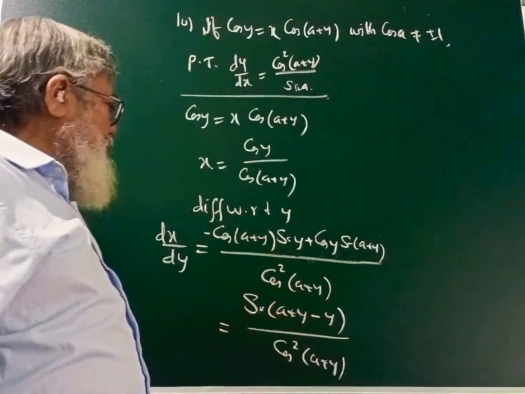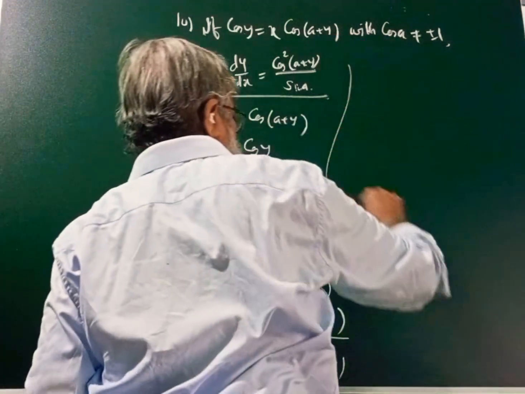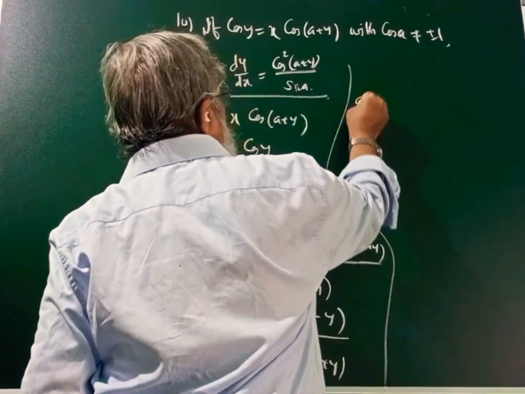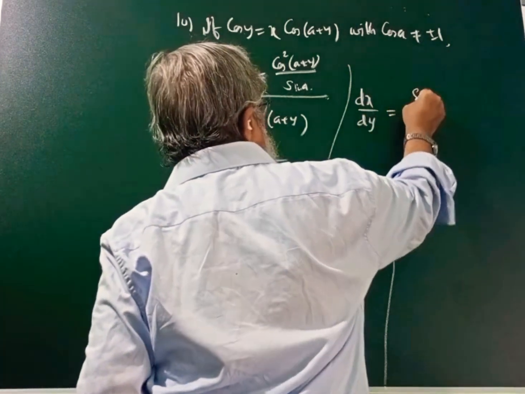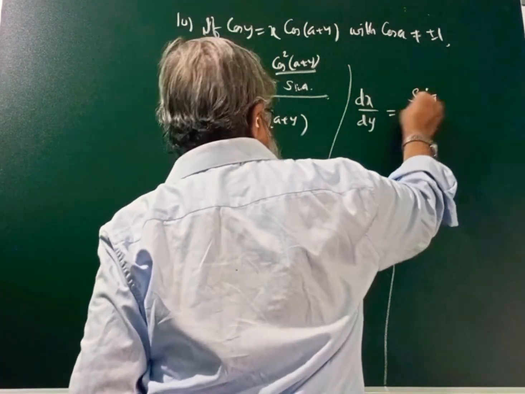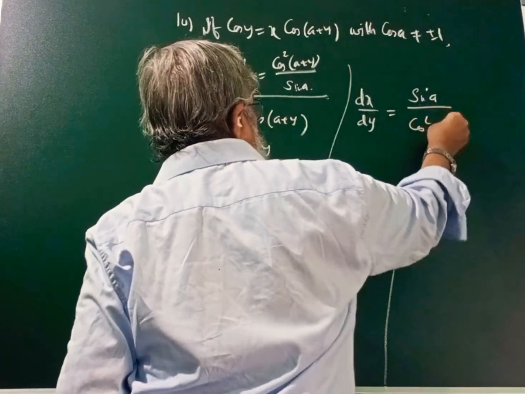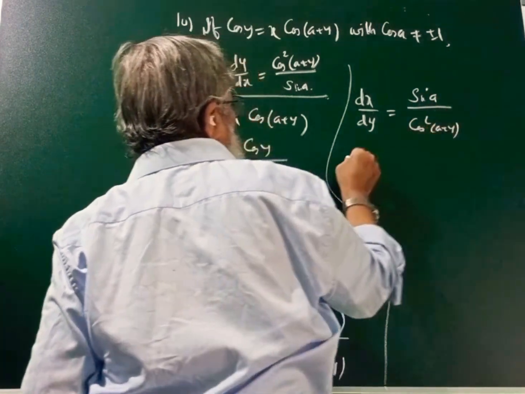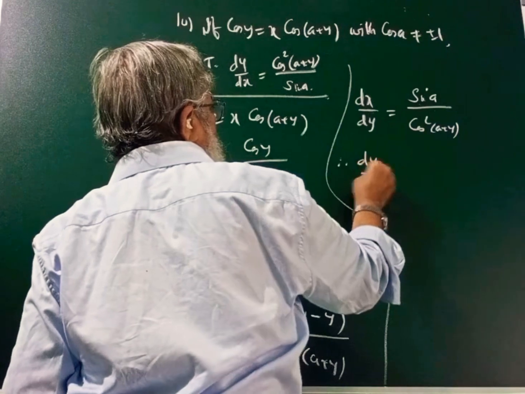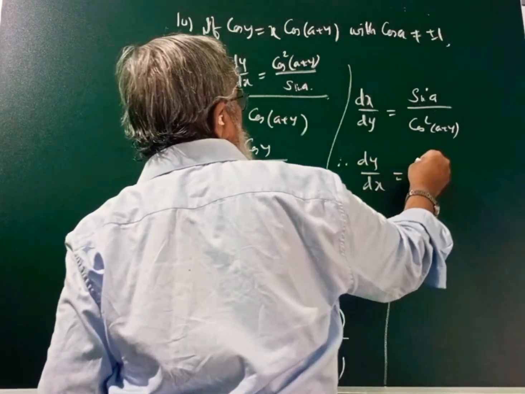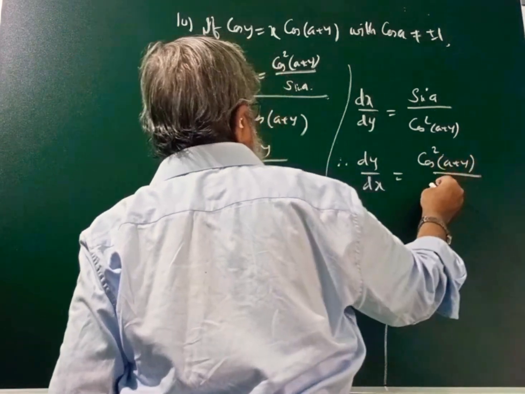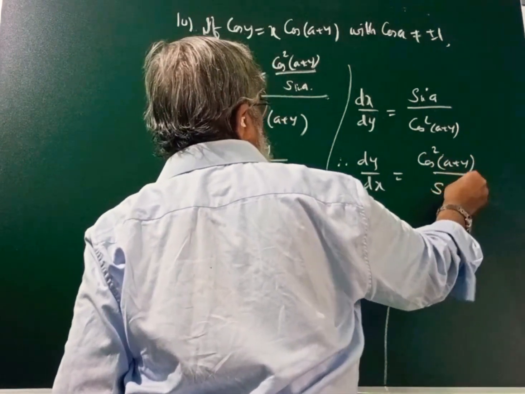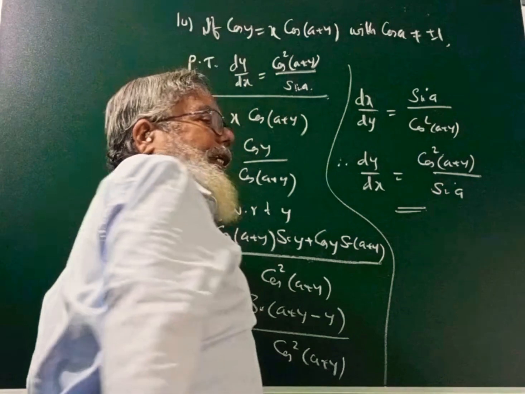So plus y minus y get cancelled. So here we write dx by dy is equal to sin a divided by cos square (a plus y). Therefore, by taking reciprocal, dy by dx is equal to cos square (a plus y) divided by sin a, which is the value of dy by dx.